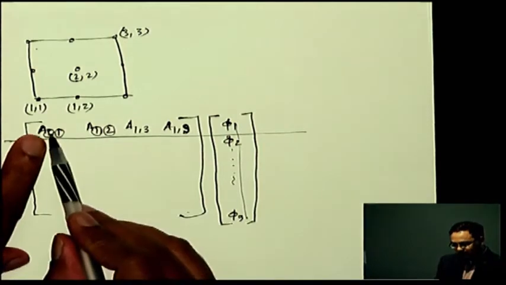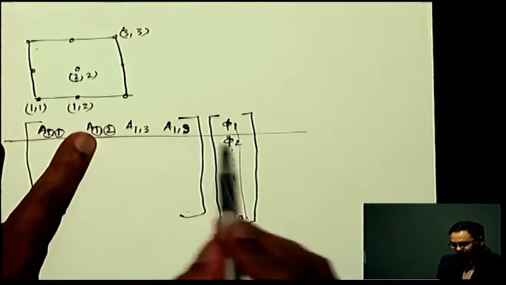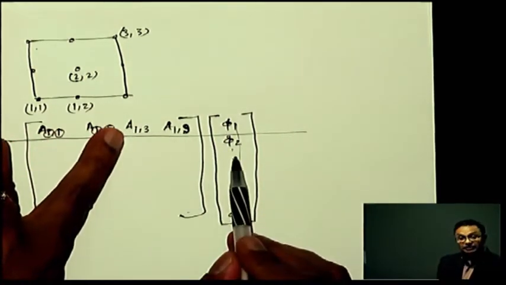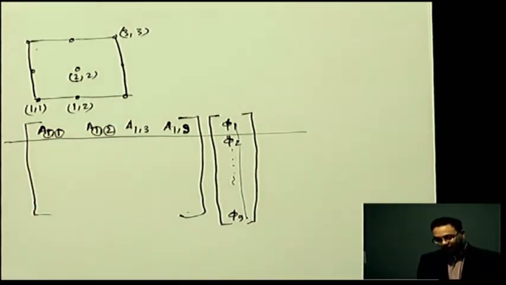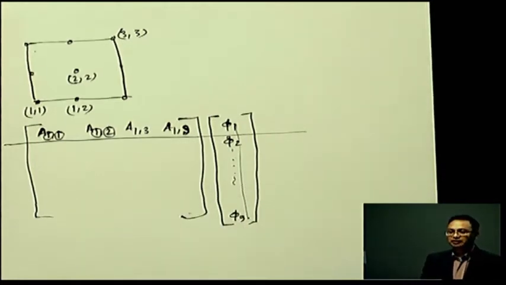So this guy will multiply phi1, this guy will multiply phi2, this guy will multiply phi3, and so on. Okay? So the point I'm trying to make is that when you set up the matrix, you can't use the i, j index anymore. You have to convert each of the nodes to a unique number. Not 1, 2, but you have to say, okay, this is node number 5, and this is my unknown number 5.